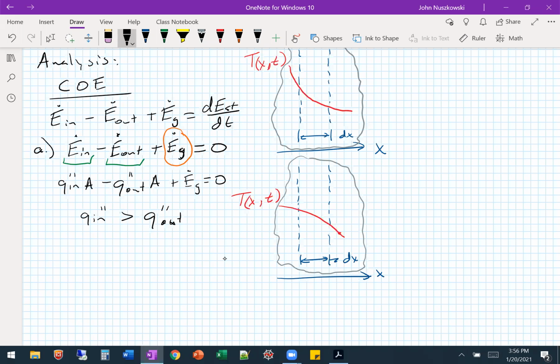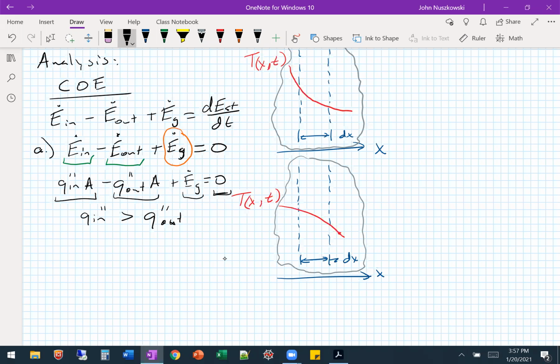Okay, so if in is greater than out, then this quantity is greater than this quantity. That means for this whole equation to be equal to 0, there has to be some energy generated, right?